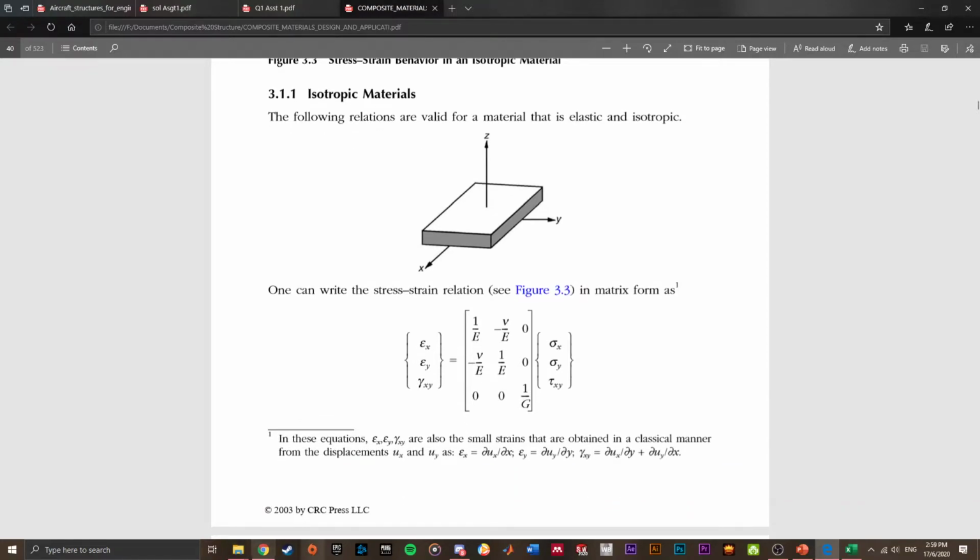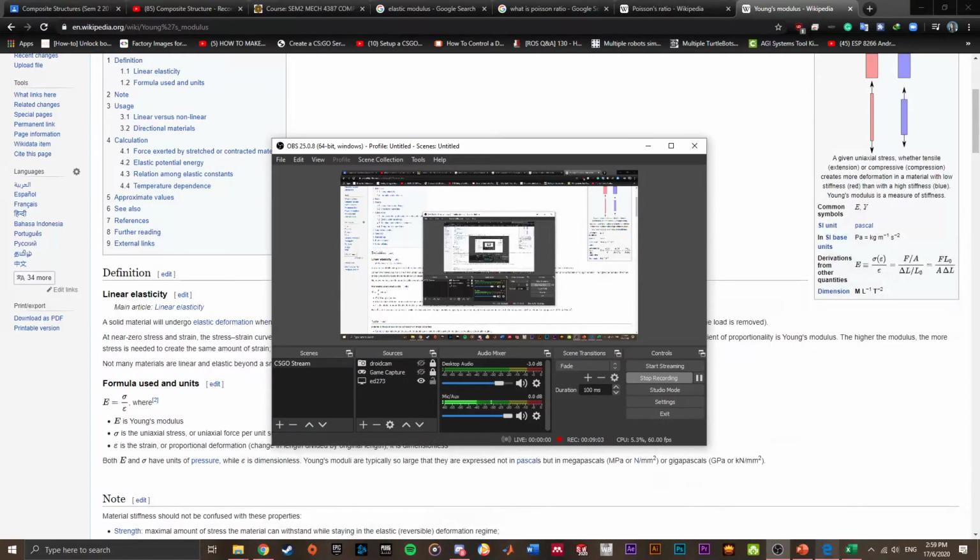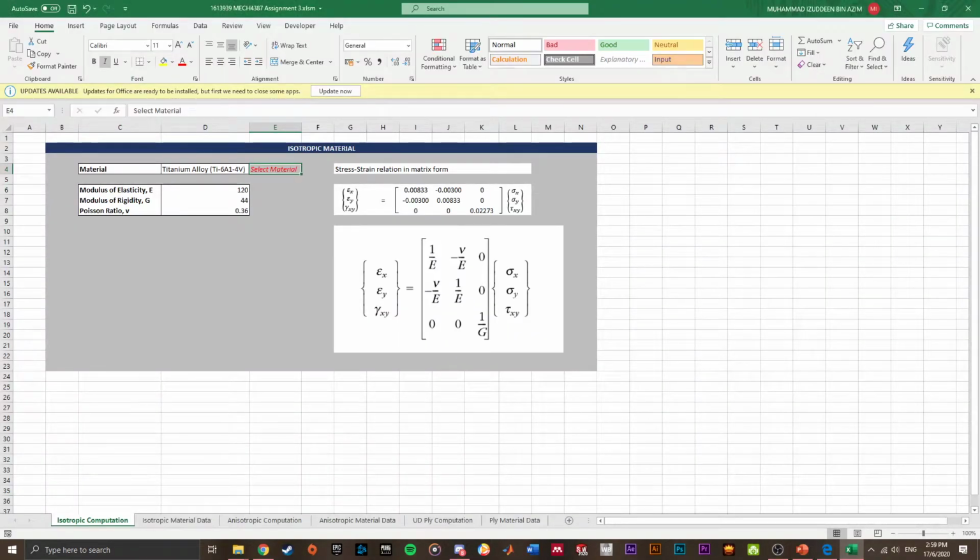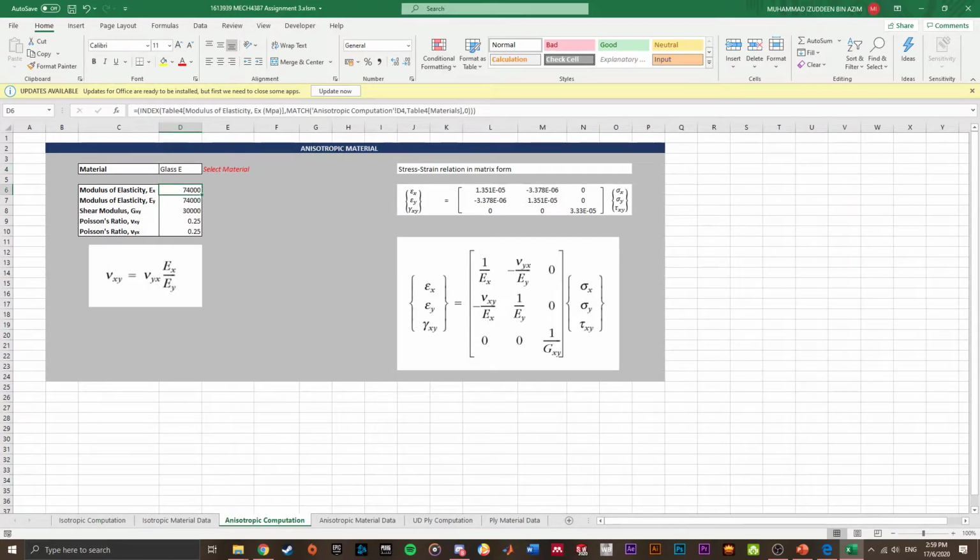Okay, next one I will talk about the anisotropic. It is the same as isotropic, but what is different is now we have two directions, x and y. This glass is actually isotropic, so that's why it has the same.